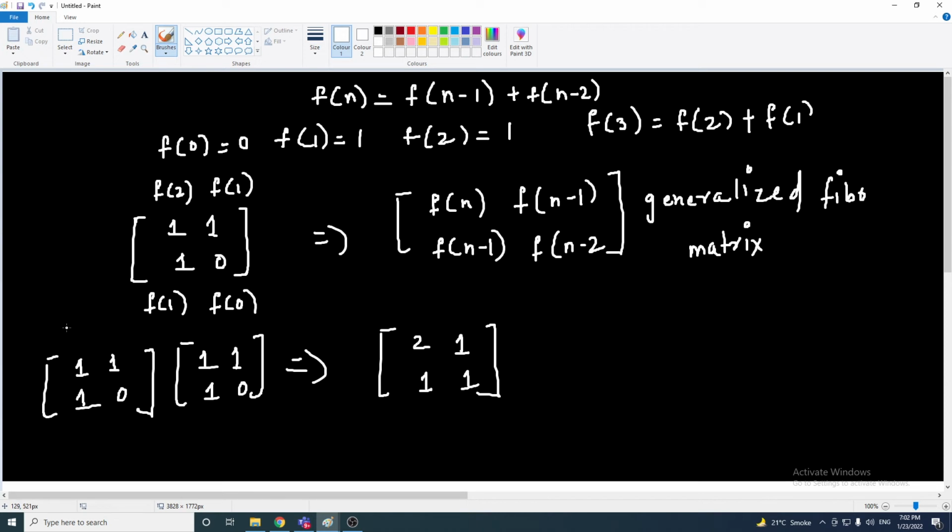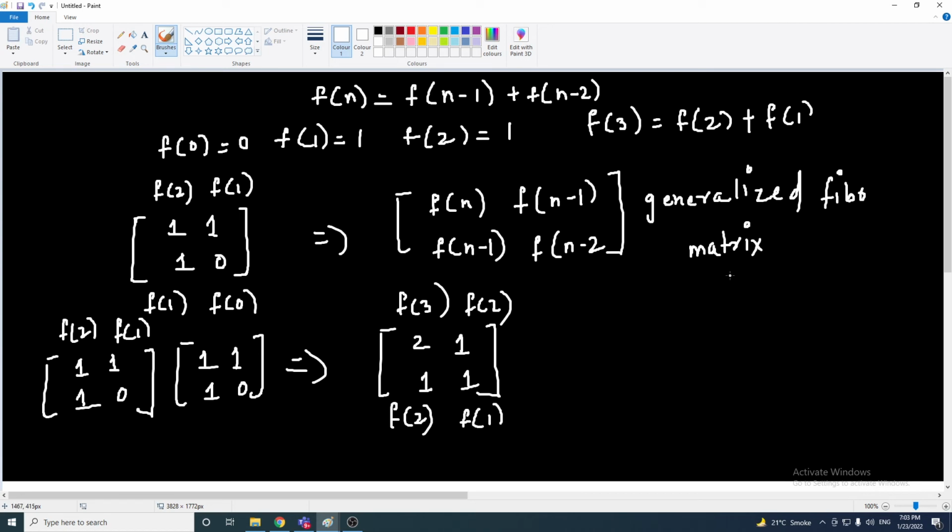What we had previously was f of 2 and f of 1 here, and those two terms get added by the multiplication of the matrix, and hence that gives us f of 3 here, and eventually we have f of 2 here. Now we have f of 2 here, and then we have f of 1.